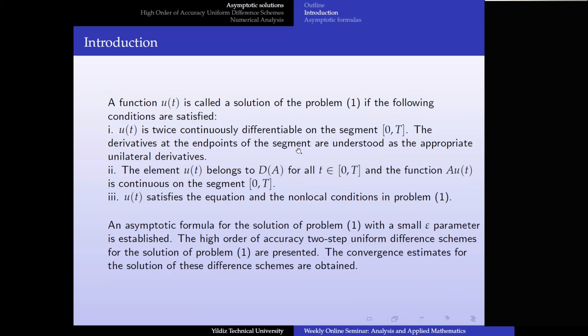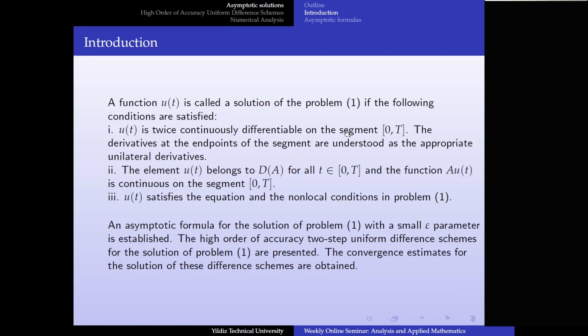The derivatives at the endpoints of the segment are understood as the appropriate unilateral derivatives, and the elements u of t belong to the domain of A for all t in the closed interval [0, T]. And the function u of t is continuous on the segment, and u of t satisfies the non-local conditions in problem 1.